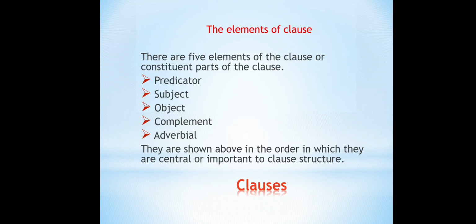Here the clause elements are shown in the order in which they are central or important to the clause structure. In other words, predicator is the most important element of the clause, and the last one, adverbial, is the most optional and most mobile element of a clause.